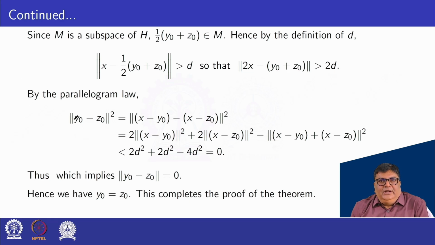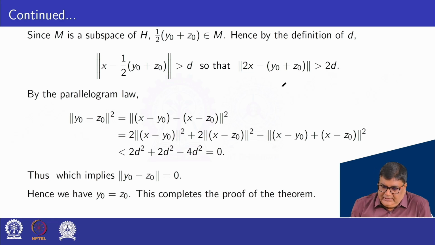By the parallelogram law, norm y0 minus z0 squared, written as norm of x minus y0 minus x minus z0 squared, equals 2 norm x minus y0 squared plus 2 norm x minus z0 squared minus norm of x minus y0 plus x minus z0 squared.